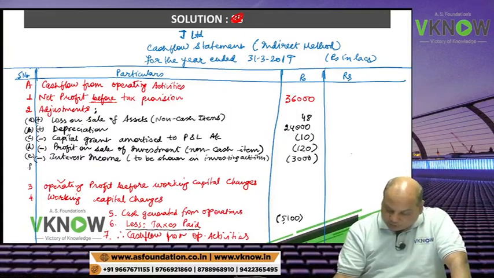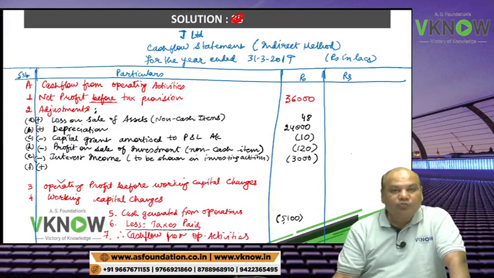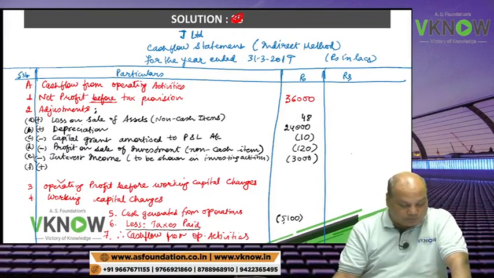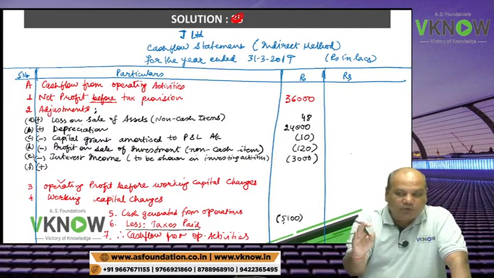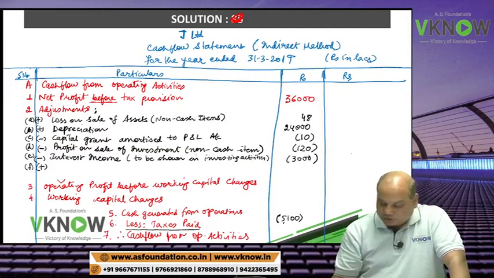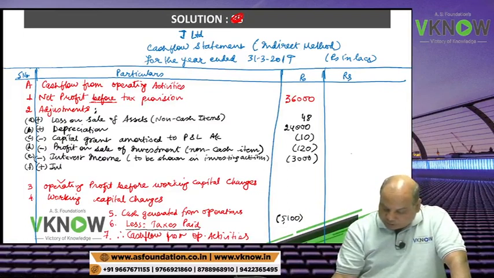So point number F right here, because it is an expenditure, it was debited to P&L account. If it is debited to P&L account, I will add back in operating activity and I will deduct it in financing activity. So write down interest expense.